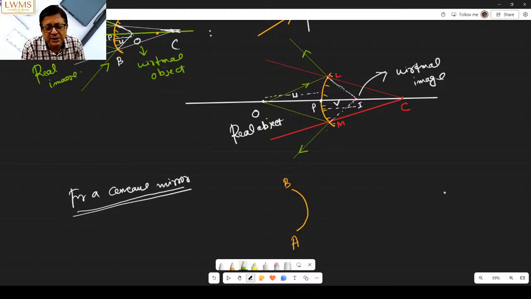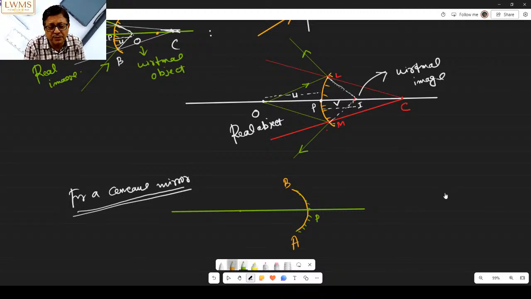This portion is silvered, that's why it is concave. And imagine there is a pole, there is a center of curvature, join them by a line. This is the pole, this is the aperture, and you take an object on the principal axis.